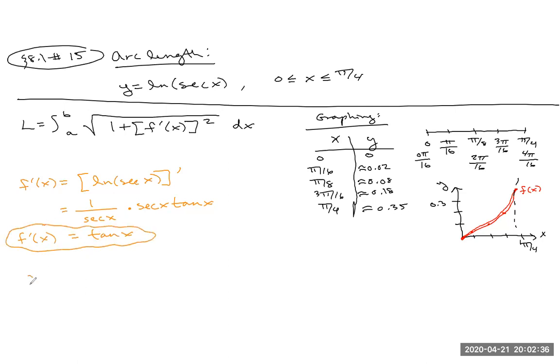So let's go ahead and figure out what f prime x squared will be. That would be tangent x squared, which could also be written as tangent squared x. And then let's go ahead and figure out what 1 plus f prime x squared will be.